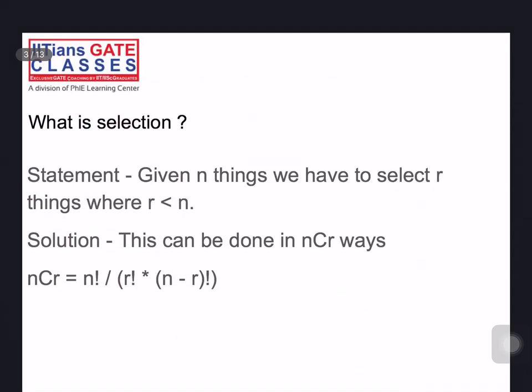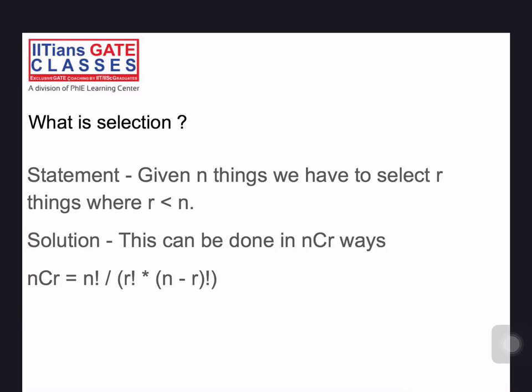So let us start with covering what is a selection. I'll say a statement something like, given n things, our job is to select r things out of those n things, where r can be less than n as well as r can be equal to n also. So this work can be done in nCr ways.